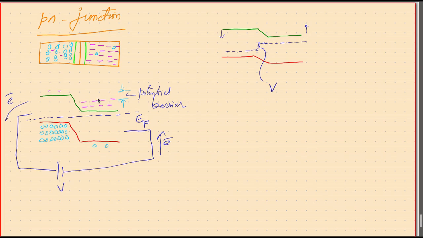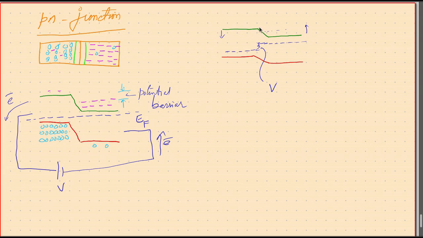In the beginning, this was the highest energy the electron had, and later that highest energy may move here, and still there is no possibility of electrons moving from this end to this end, because there is still a hill here which will not allow electrons to pass through. Keep increasing this potential.